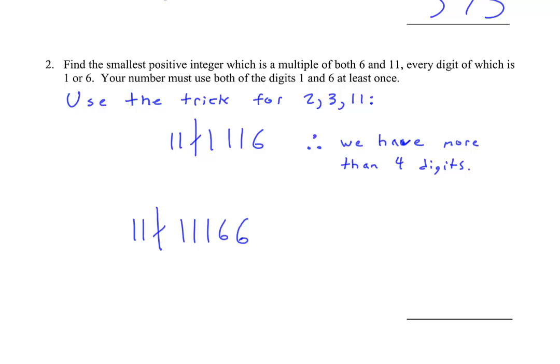The 6 minus 6, that cancels out. The 1 minus 1 cancels out, and you're left with 1. Now the very next smallest digit placement that we can make here is to move the 6 over 1. And this ends up working out perfectly. So this number is divisible by 2, it's divisible by 3, and it's also divisible by 11. So 1, 1, 6, 1, 6 works.